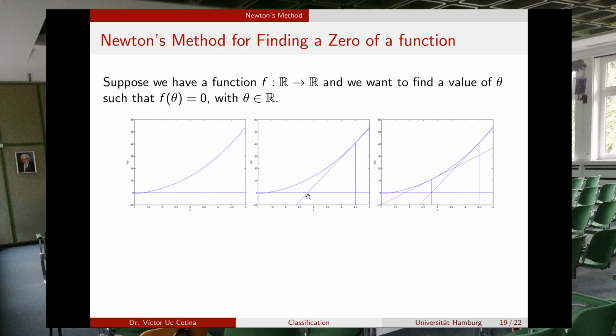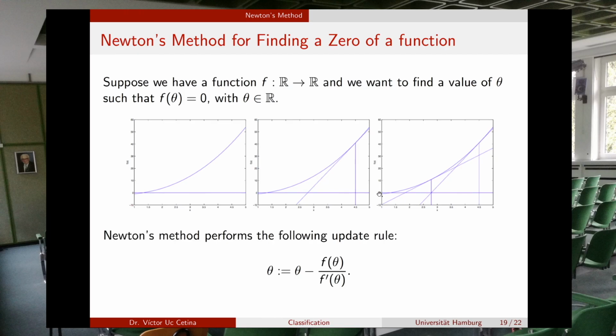In this second value of theta, you again evaluate the f function, and from here you again generate the tangent line in that point until crossing again the x-axis where y equals 0. And you keep doing that until you have found a point in the function where it crosses y equals 0.